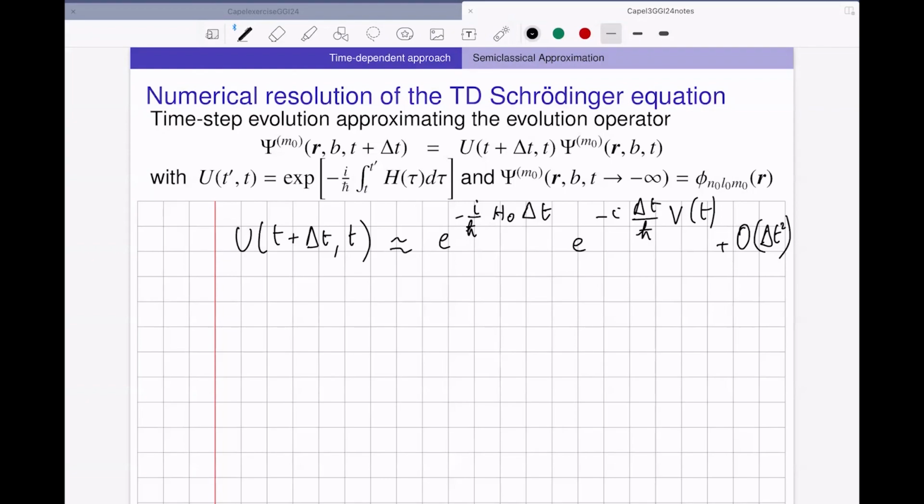So there are two approximations. First, of course, you have the integration, which is simplified, but also you split the operator. You start from one exponential and you end up with two exponentials.